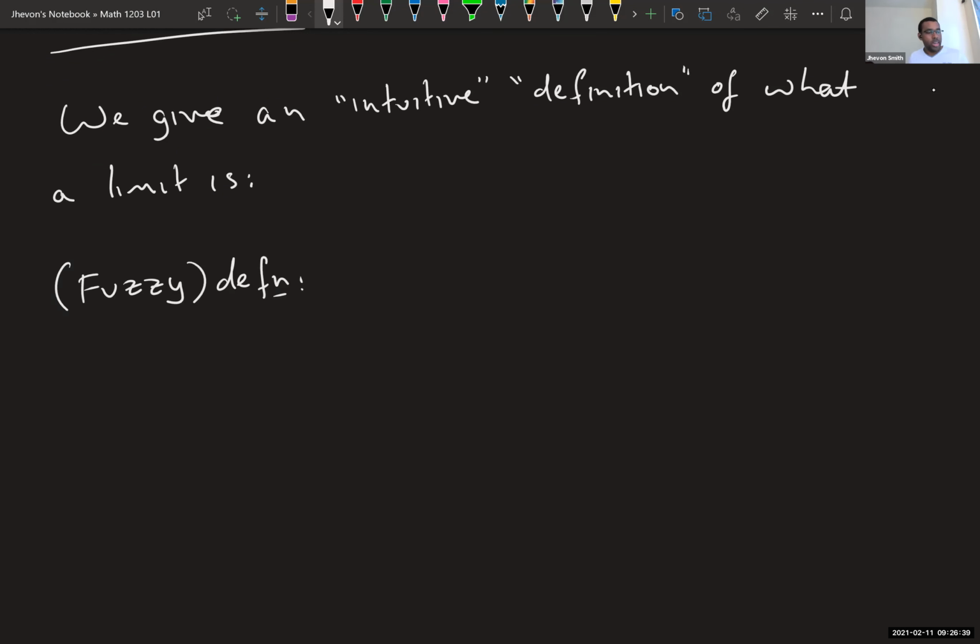Okay, so here's what a limit is, and it's a very nuanced idea. It's going to sound simple when I say it, but it's actually quite nuanced, and you're going to have to do a bunch of examples to really get it. Let's actually say what that is. Let f of x be a function.